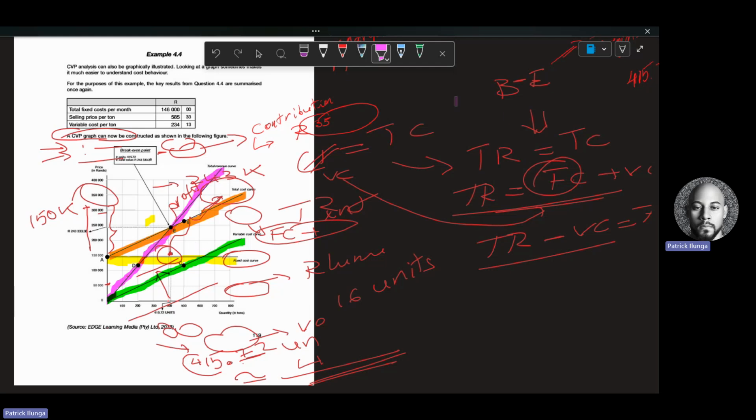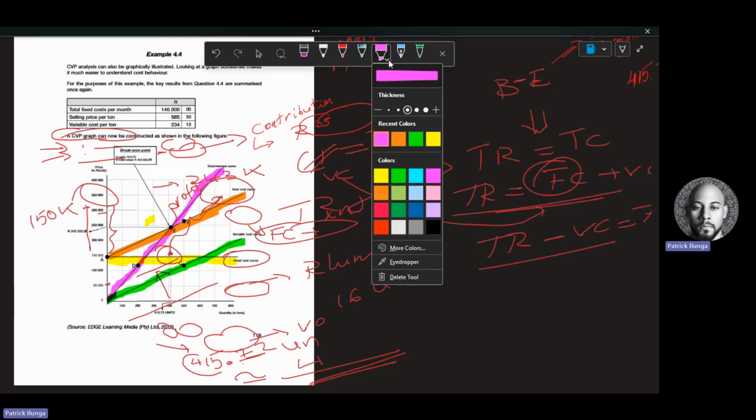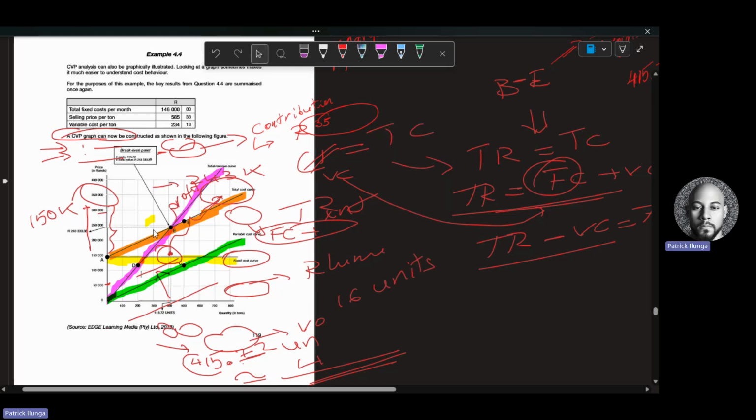So this is your total revenue, right? I'm going to show you also something that you need to keep in mind. Do you see there's an intersection between the total revenue and the total cost? All right, so there is an intersection here.